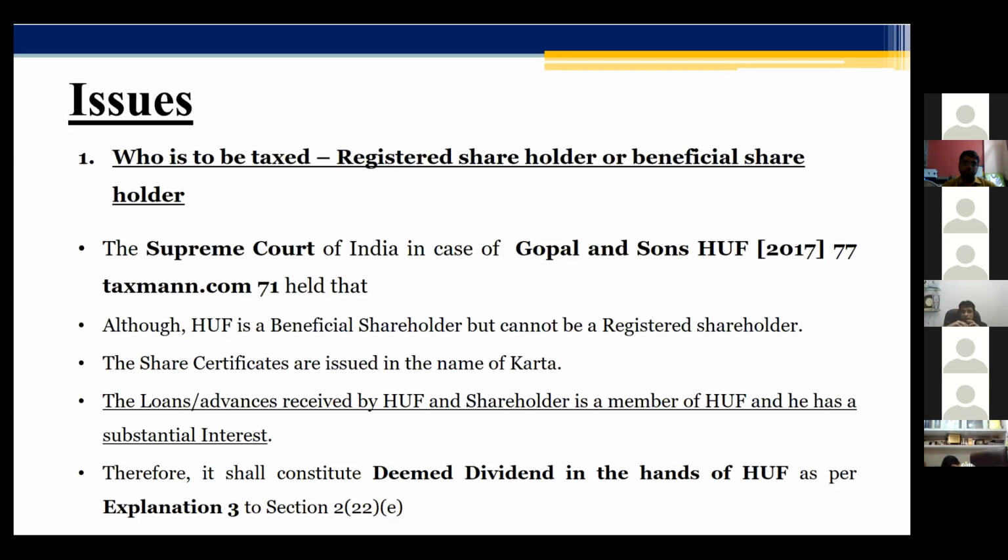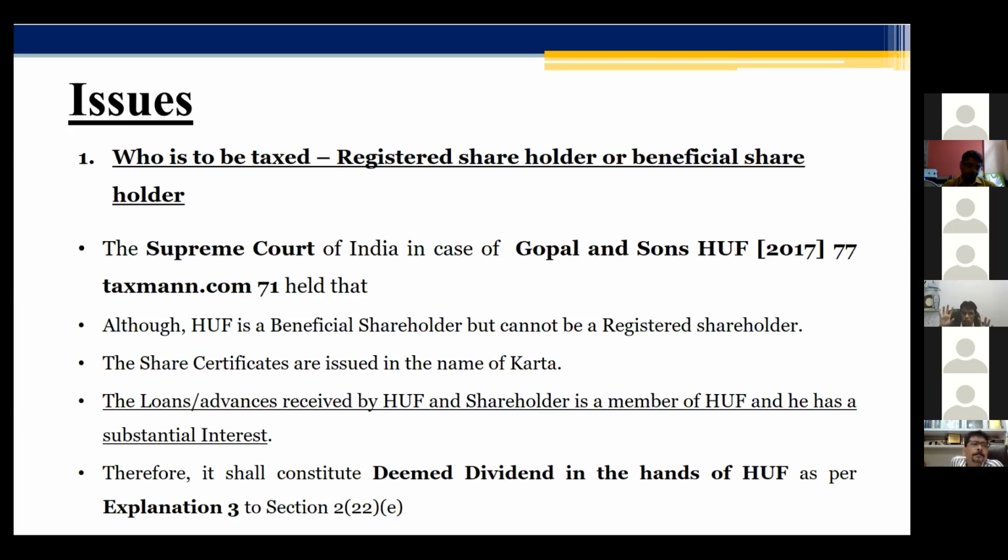Take the case of an HUF, which receives some amount as a loan from a company where the HUF is not a registered shareholder, but has an investment in that company of 20% or 10%. So what is to be done? The Supreme Court has said that although the HUF is a beneficial shareholder and cannot be a registered shareholder, the shares are issued in a way that dividend is considered in the hands of the HUF.